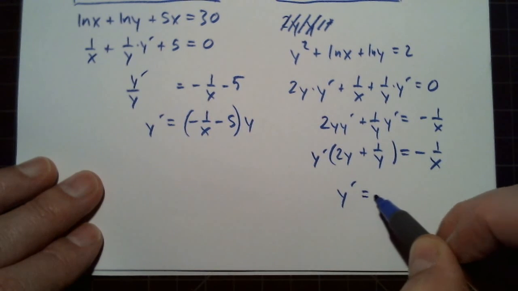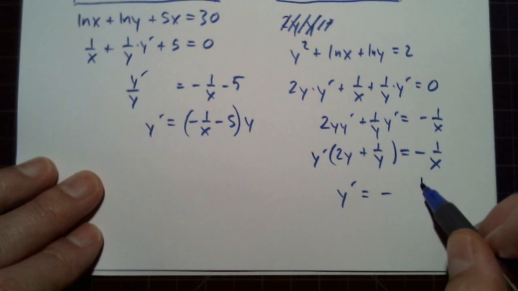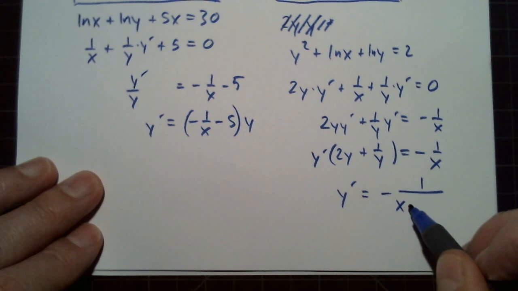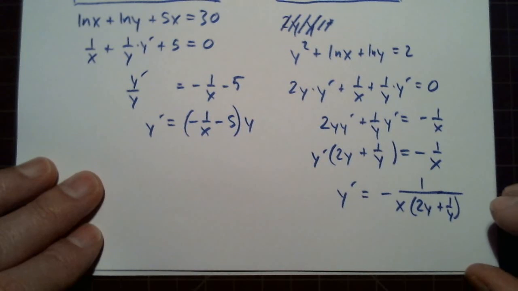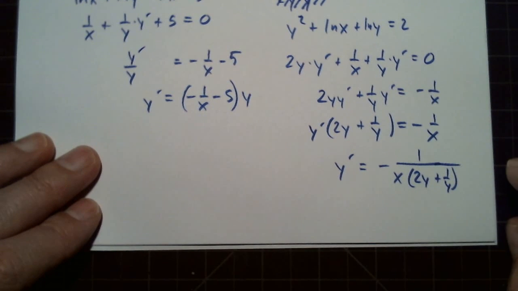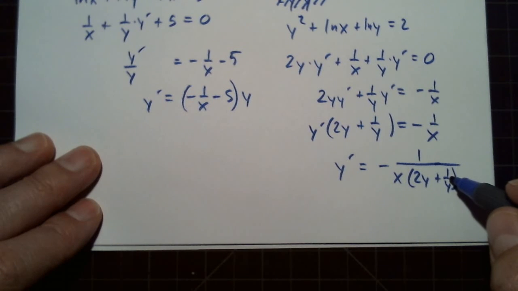So y prime is, we can write it like this. And probably shouldn't have that y like that.